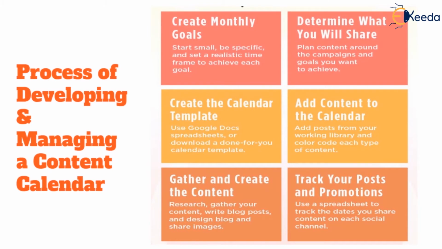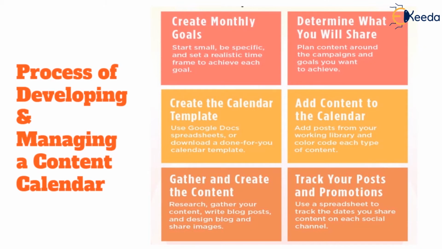Then you create the calendar using a template. It's advisable to use Google Docs, spreadsheets, or maybe an Excel file. Or you can even download a calendar template on the phone, but it's always easier to do it on a larger screen so that you can have a view of multiple timelines at the same time.